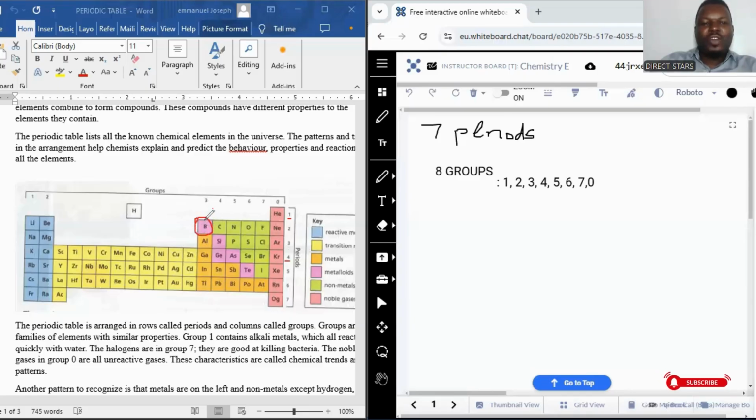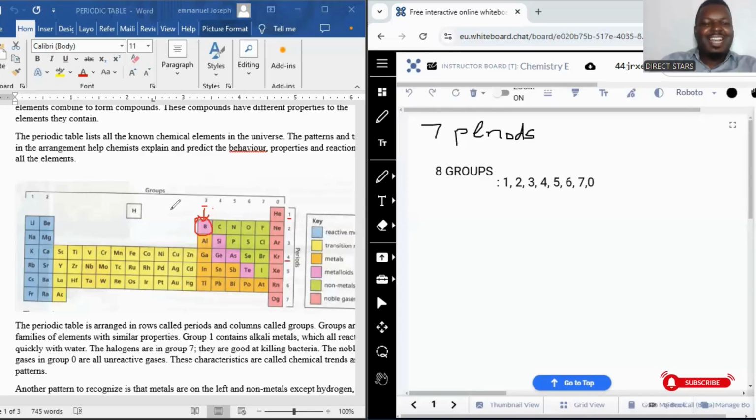Let's pick boron, for example, B. If you trace this upward, you will notice this belongs to column 3. That is group 3. Okay, you can see 3 at the top. So this is group 3. And then for you to know the period, you will trace the row to this point. So it belongs to group 3, period 2.